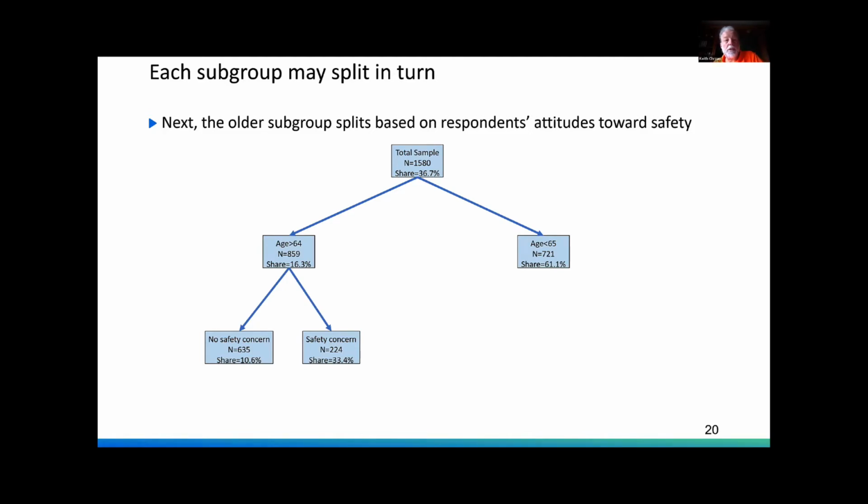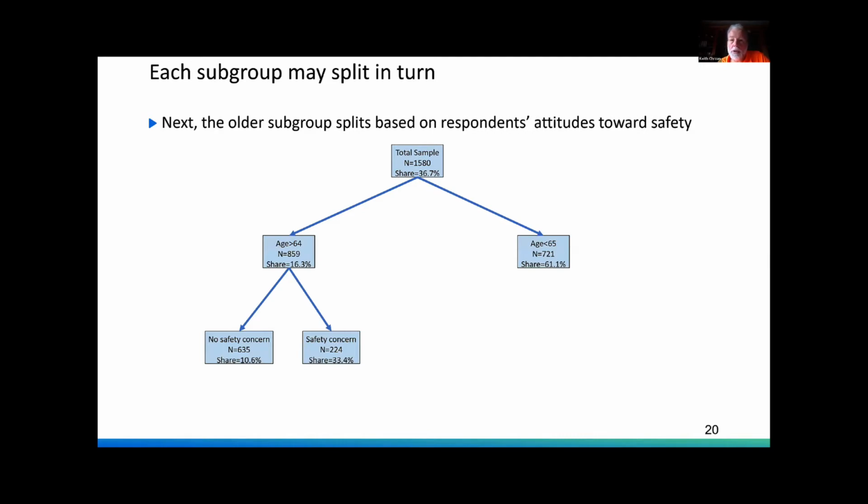As the tree continues to build, the branch on the left side splits again based on whether they have a safety concern or don't have a safety concern. So the people in the leftmost box, in the lower left corner here, are people who are both over age 64 and who don't have any particular safety concerns about their product, for which this service applies.